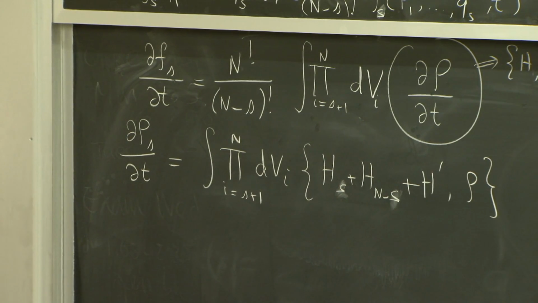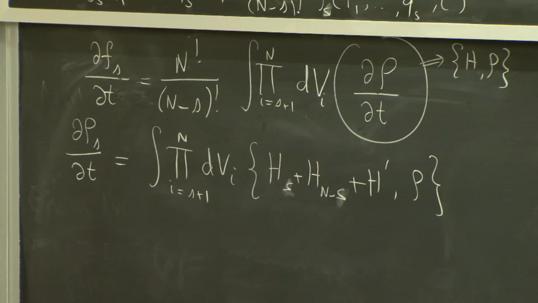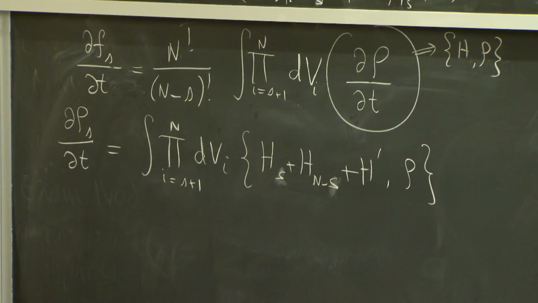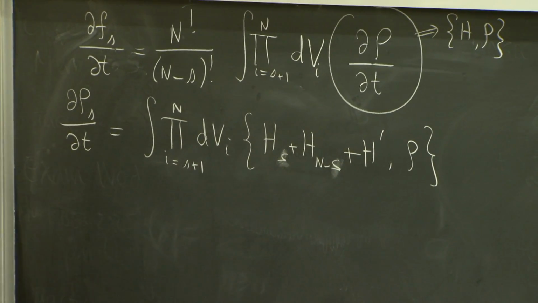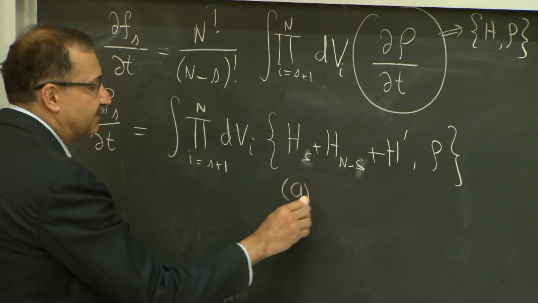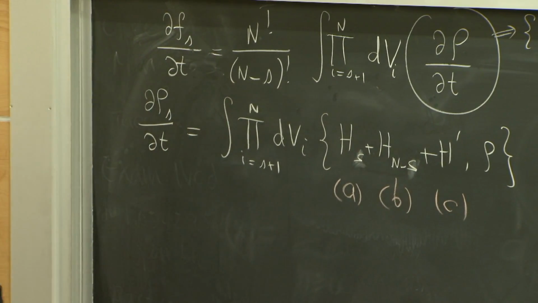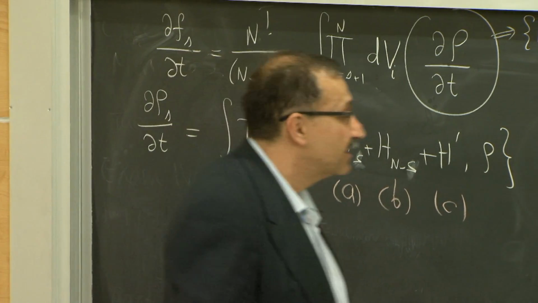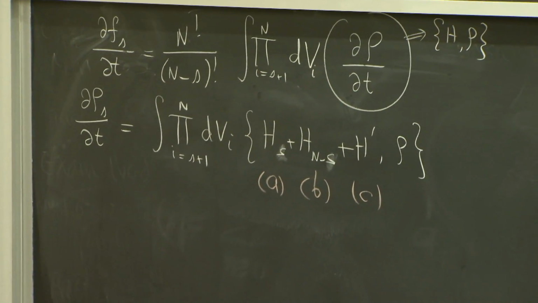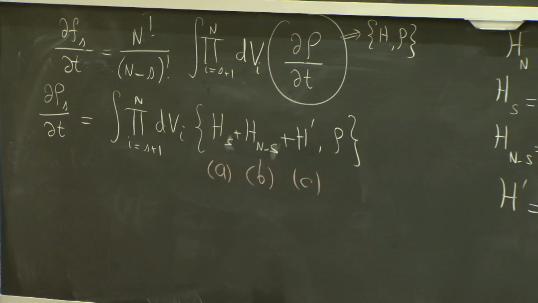Okay. So there is a bit of mathematics to be performed to analyze this. There are three terms that I will label A, B, and C, which are the three Poisson brackets that I have to evaluate.